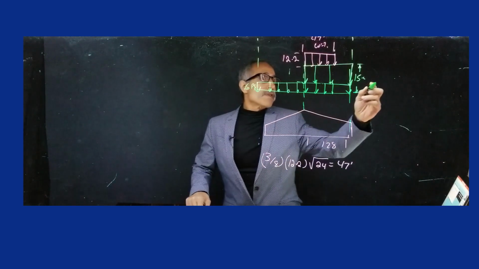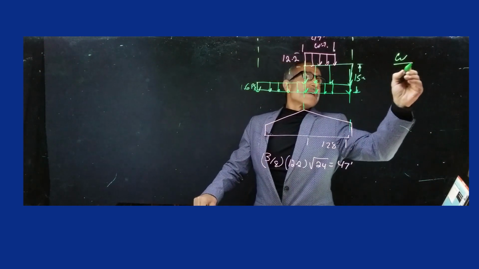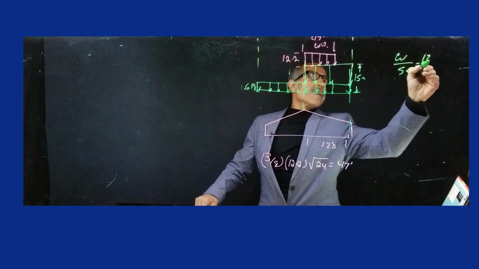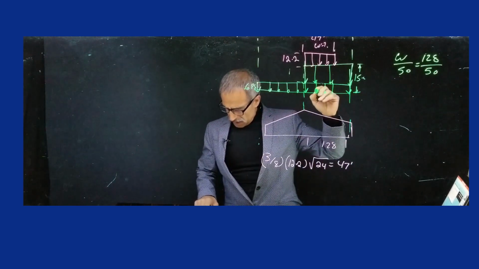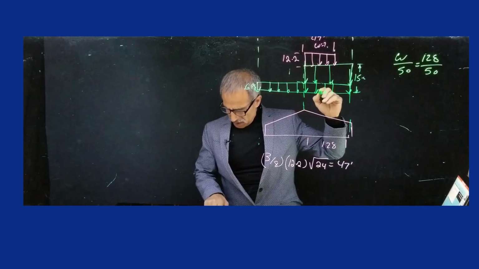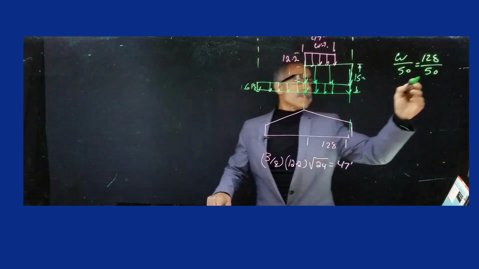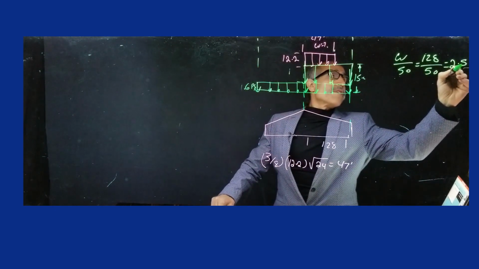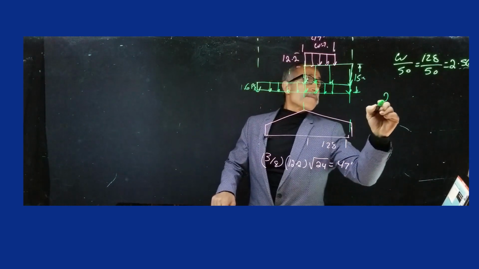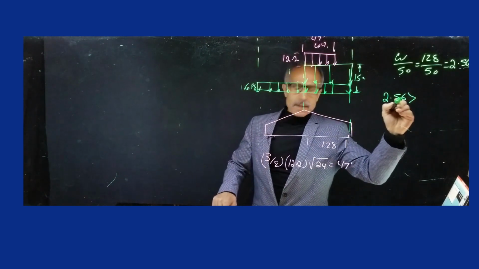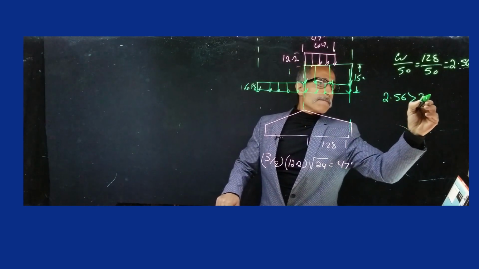So W divided by 50 is equal to 128 divided by 50, and that is 2.56. Okay, 2.56, it says in degrees. And 2.56 is bigger than what we had, 2.38.